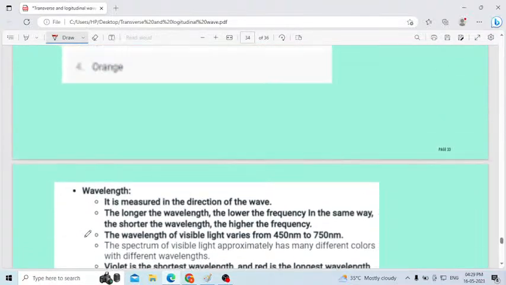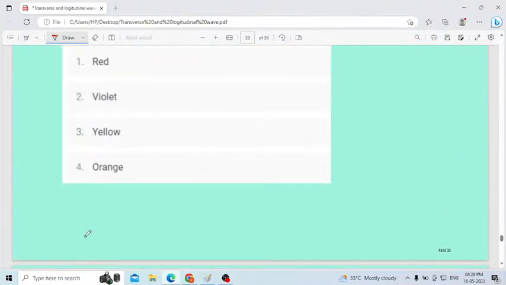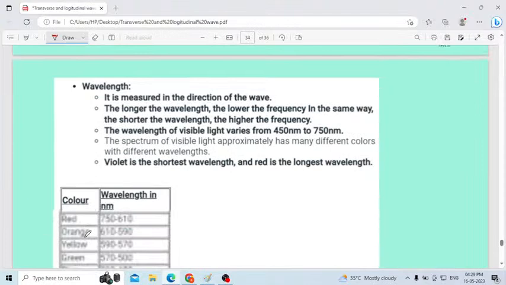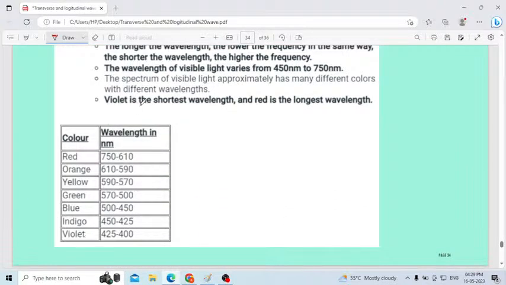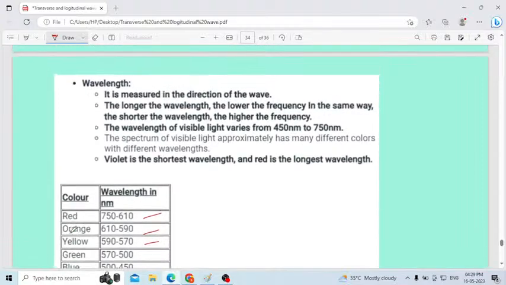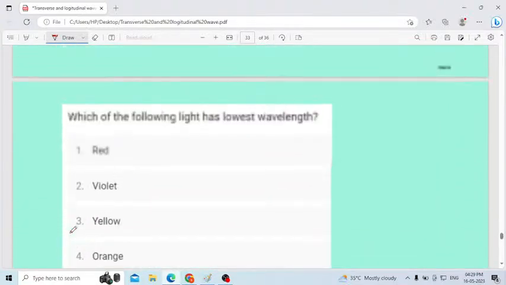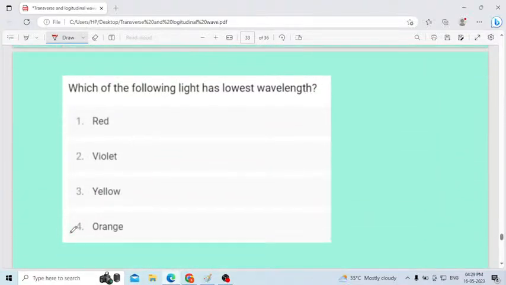Which colors are they asking about? Red, violet, yellow, orange. Which one has the lowest wavelength? The lowest is violet. Therefore the correct answer is violet.